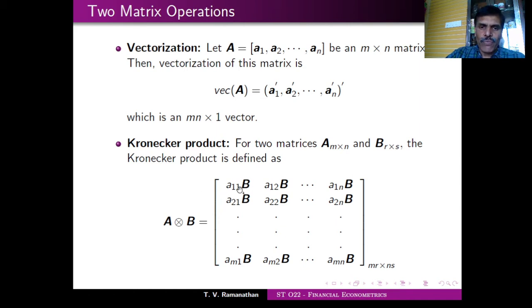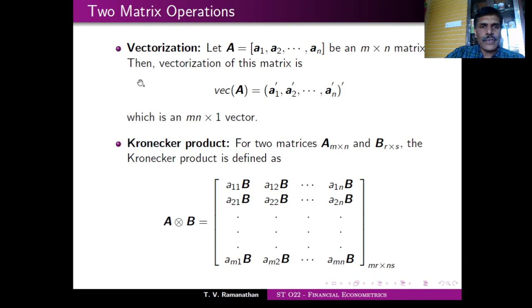So it is like A11 B, A12 B, etc., A1N B, A21 B, A22 B, A2N B, etc., AM1 B, AM2 B, etc., AMN B. So this will have M into R rows and N into S columns, an MR by NS matrix. So this is called Kronecker product. Basically each element of the first matrix is multiplied by the second. The order matters here, because B could be different, but what you get is an MR by NS matrix.